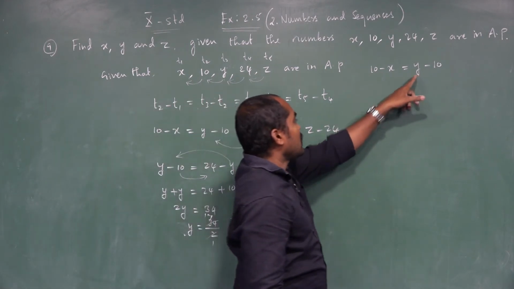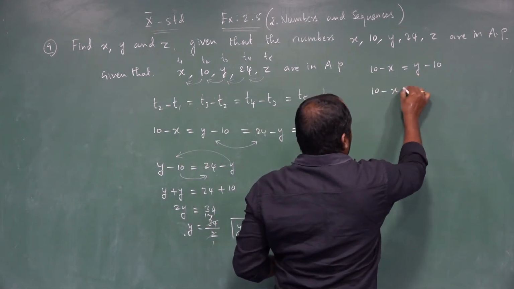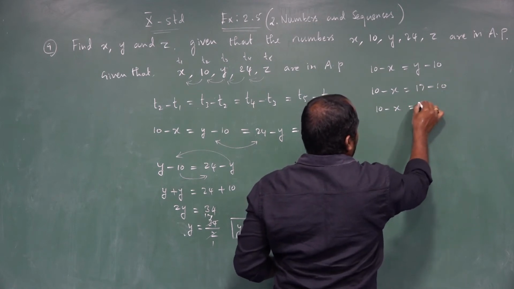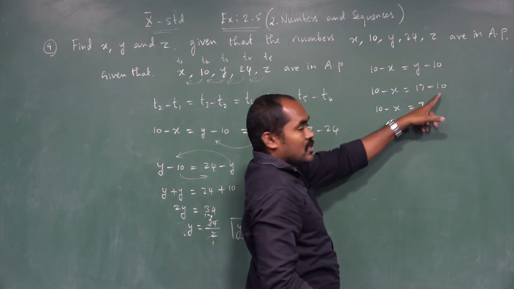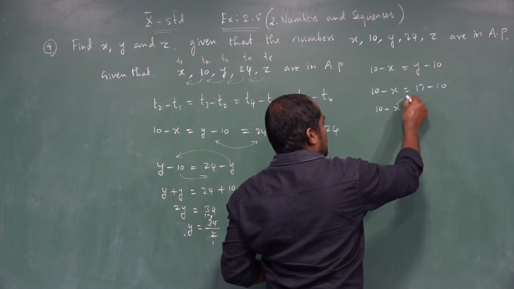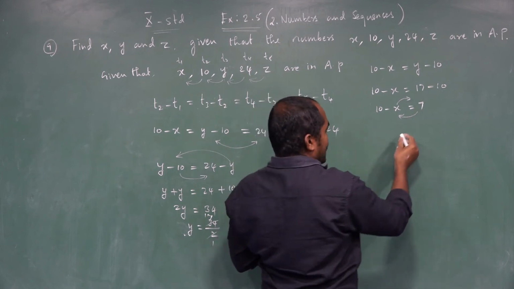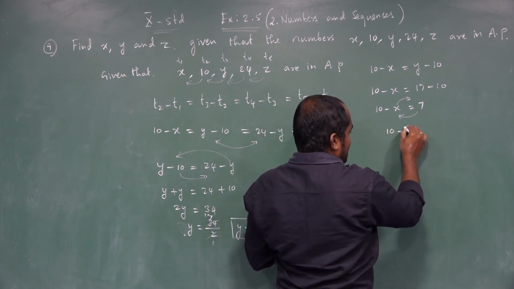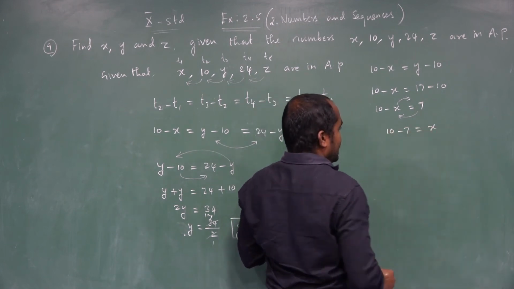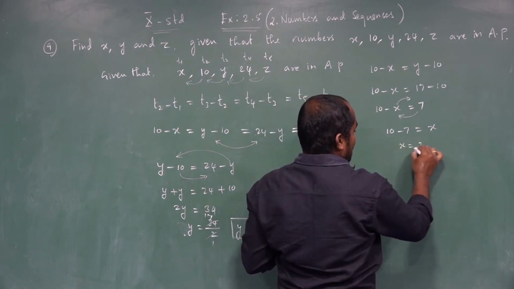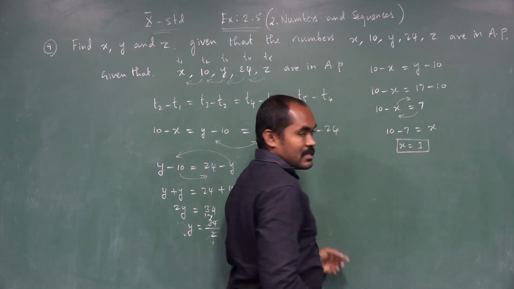So substitute here: 10 minus x equal to 17 minus 10. 10 minus x is equal to 7. 17 minus 10 is 7. So send this x to the right side and 7 to the left side. We get 10 minus 7 is equal to x. Therefore the value of x is 3.